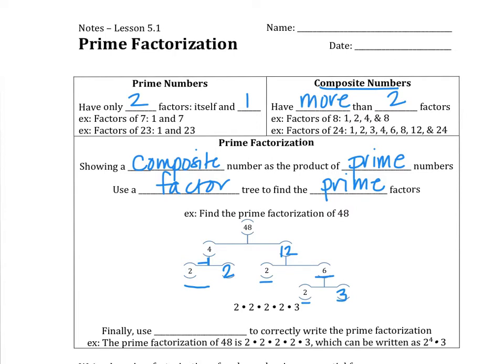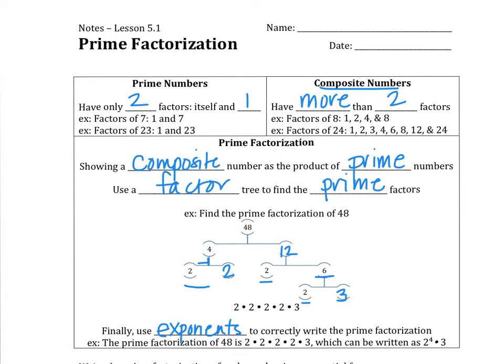So we're breaking them down as far as they will go until all we have left are prime numbers. So all of these are prime numbers. So that would be 2 times 2 times 2 times 2 times 3. And we're almost done, but we're not quite. Finally, we want to use exponents to correctly write the prime factorization.